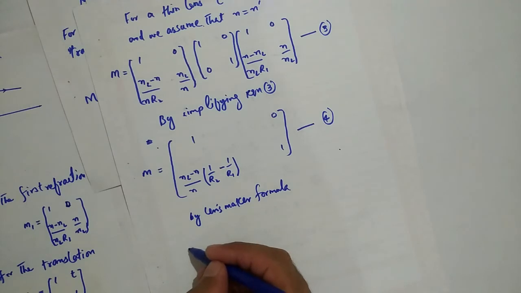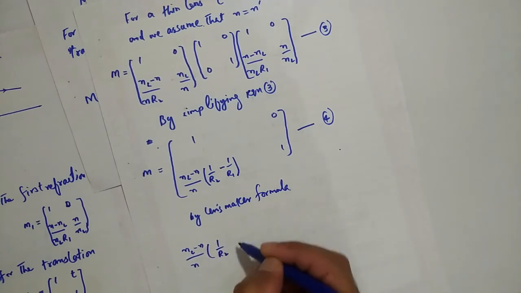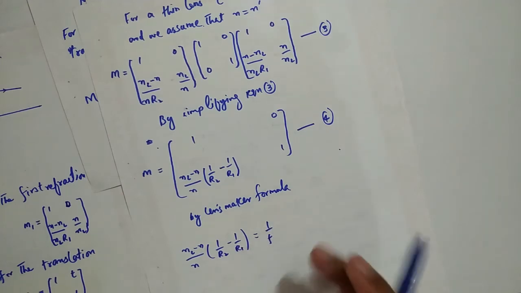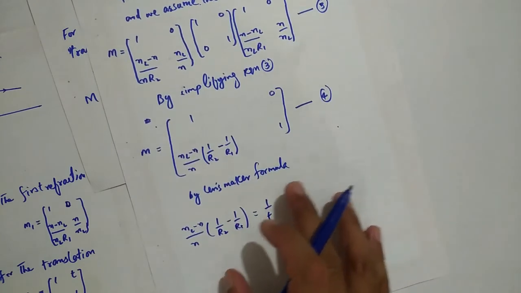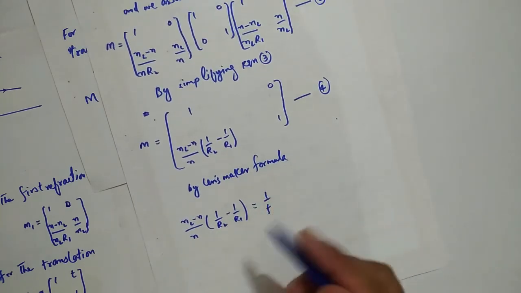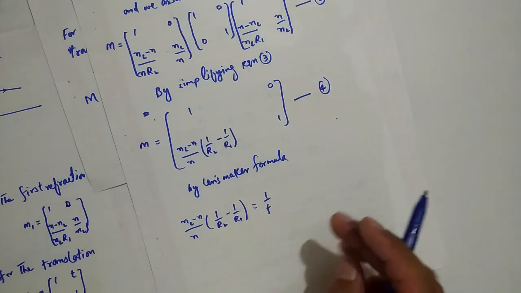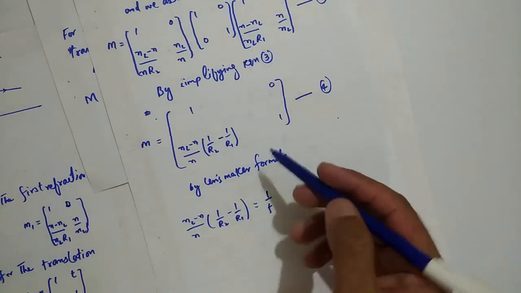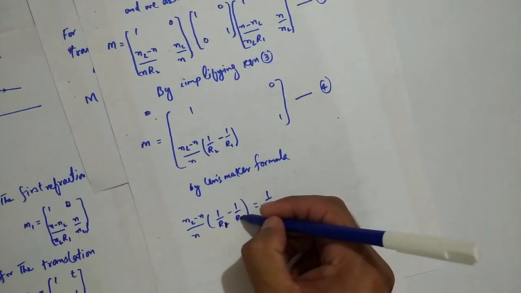This element, (nL minus n)/n into (1/R2 minus 1/R1), is 1 upon f. Clear? So I can write it here. But if you see here, this is R1, sorry, this is R1 and this is R2.